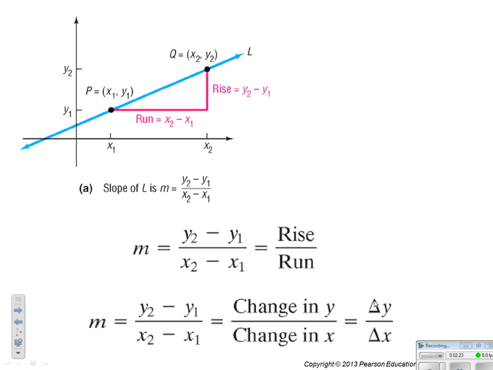Mathematicians and scientists are very fond of symbols, especially when we don't have to write the words out. So if you see a delta, you might want to highlight this in your notes so that it's not confusing and freaks you out later. As we get more advanced in our mathematics, we're going to be using more Greek symbols.